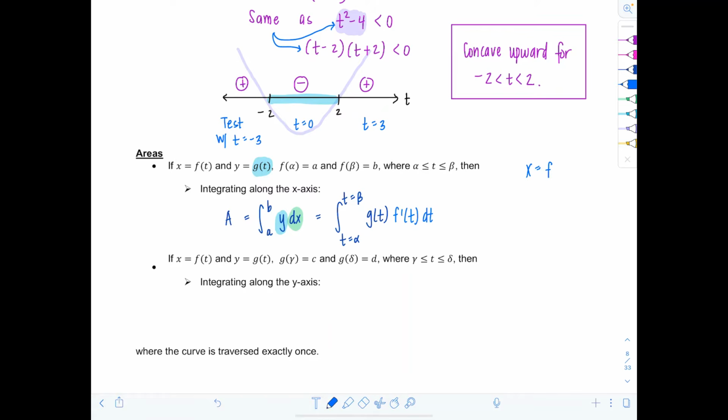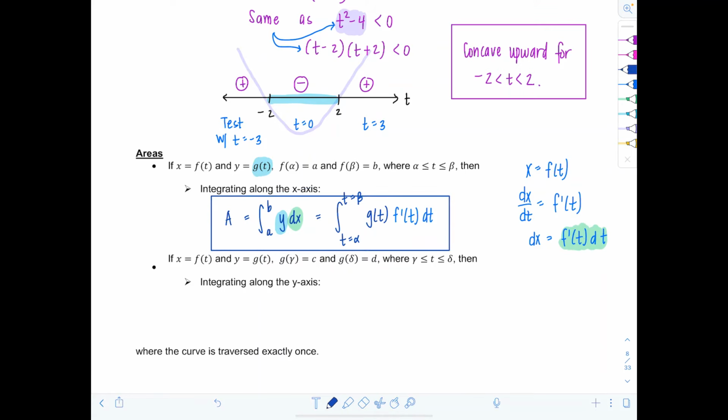X is f of t, which means dx/dt is f prime of t, so dx is f prime of t dt. That's where that comes from. Boom. Let me highlight it for you. Okay, so that's the formula we're going to use. Let me box it. This is for integrating along the x-axis.